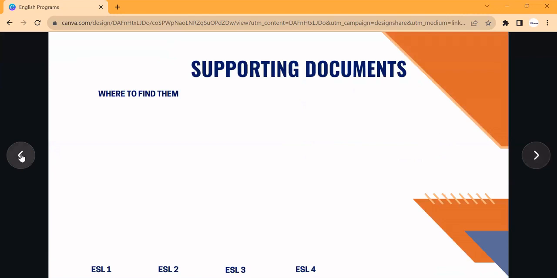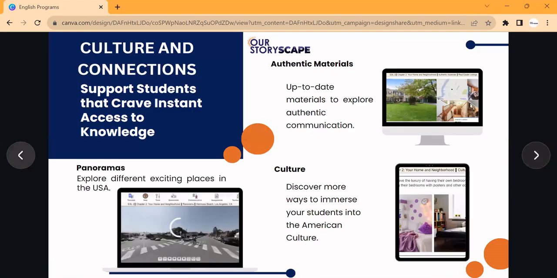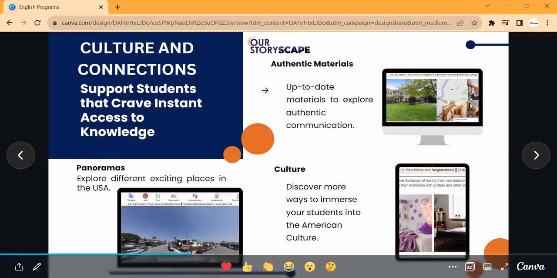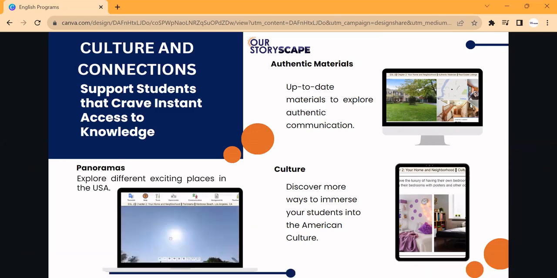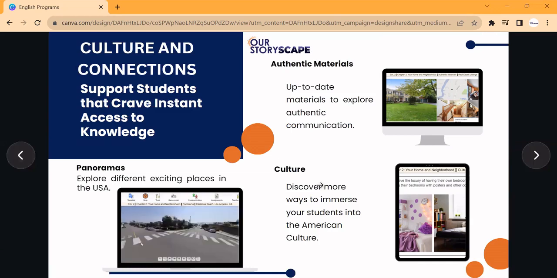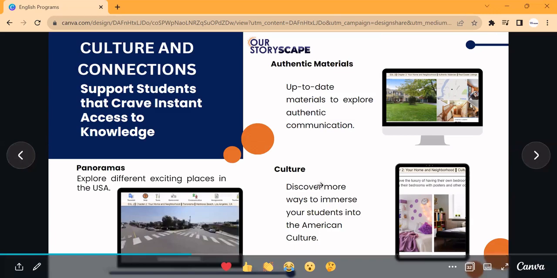Okay, so now I'm going to talk about our culture and connection sections and how we support with these sections. Students also crave instant knowledge and they want to access information that they want to use. In our authentic material sections, we provide up-to-date materials to explore authentic communication. We have culture and discover more ways to immerse our students in the American culture.